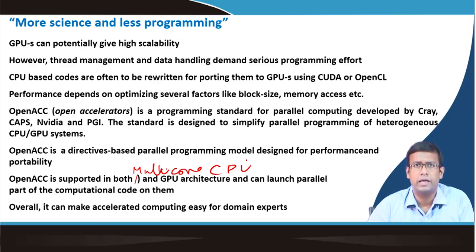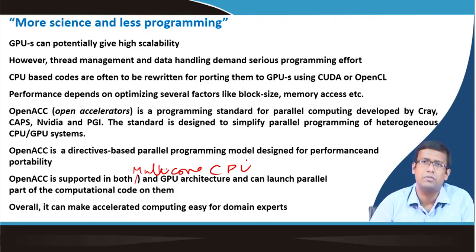And overall it can make accelerated computing easy for domain experts. The caveat is that this is for shared memory systems, for single instruction multiple data type of parallelization. For distributed memory systems you have to use MPI. OpenACC cannot be used there, but it can replace some of the functionalities of OpenMP because it works on shared memory systems.